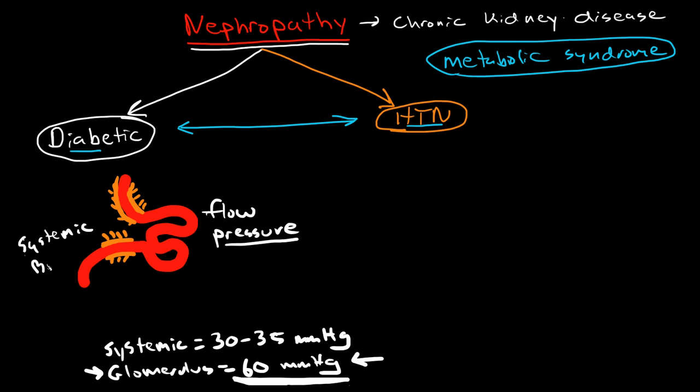So we can have wild swings in systemic blood pressure, and we do on a daily basis. If you take your blood pressure first thing in the morning and you haven't gotten up from bed yet, it may be a little bit below what we consider normal, systolic of 120. And we head out to the gym and step up on the treadmill and start working out.